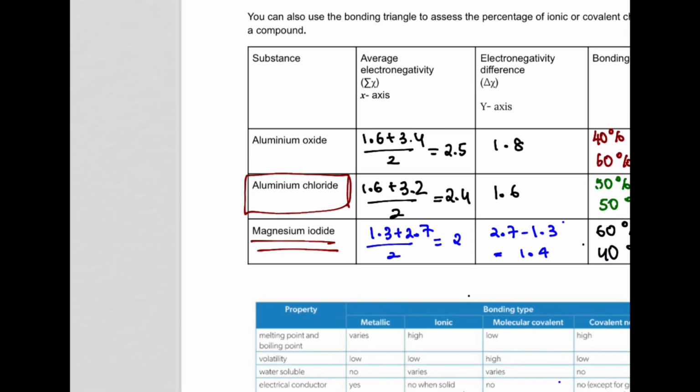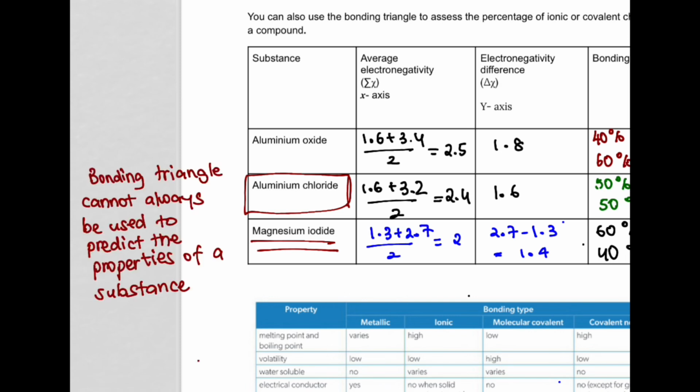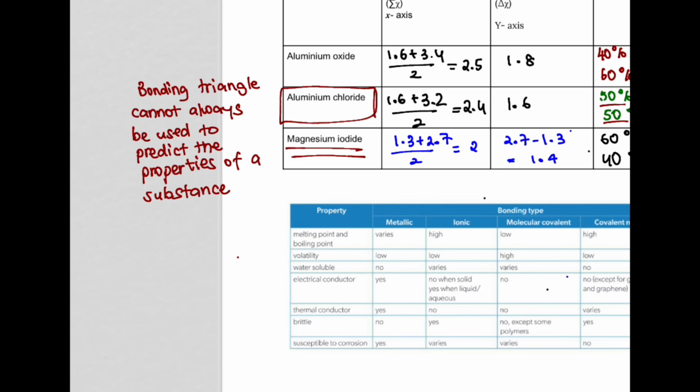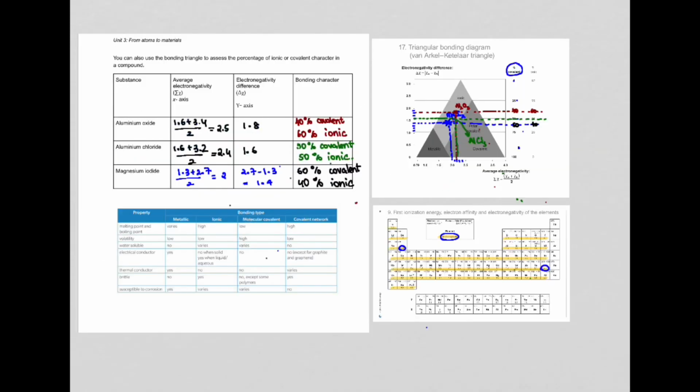This tells us that the bonding triangle cannot always be used to predict properties of a substance, especially if that substance has mixed character, just like in the case of aluminum oxide, but there it's 50-50%. And aluminum chloride is right on the boundary, so as you can see 50-50, which means that it exhibits both covalent and ionic properties. So you can see the bonding character of all these substances.